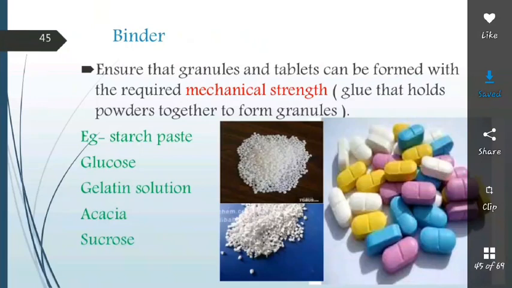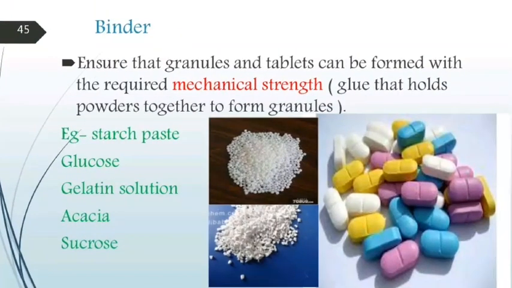Then the binders are also called adhesive agents. What they do is act as a glue that holds the powder together to form granules. So granulating agents are also called binding agents. Commonly used binding agents are starch based, glucose, gelatin, and various gums.